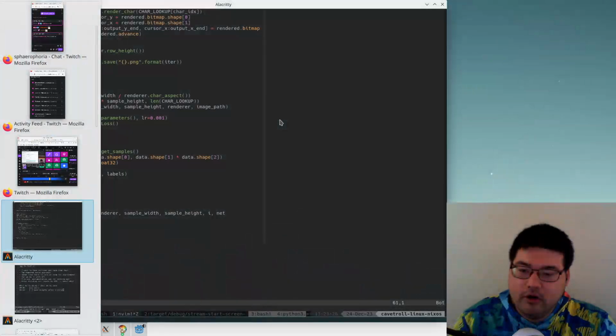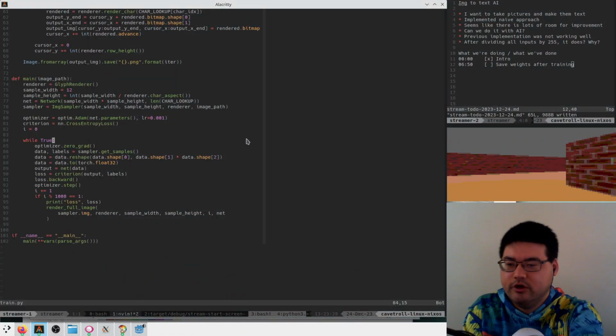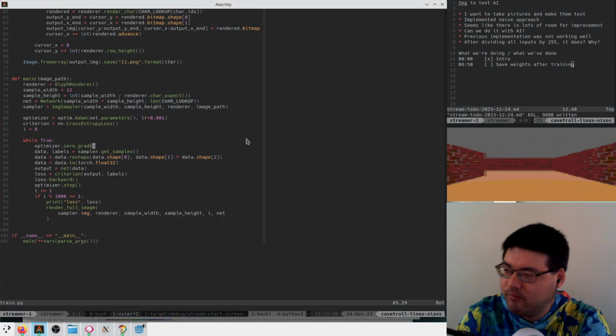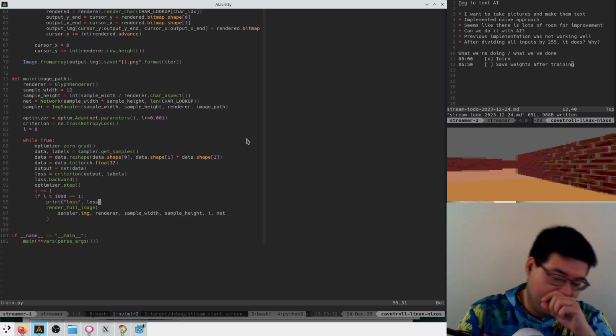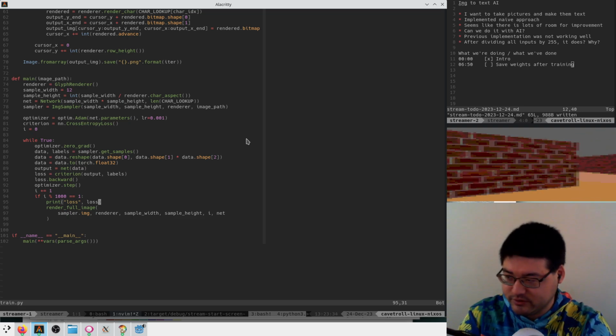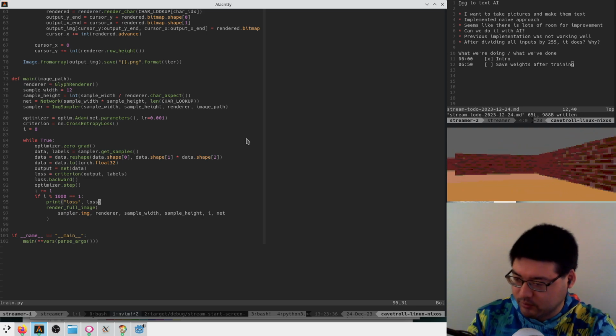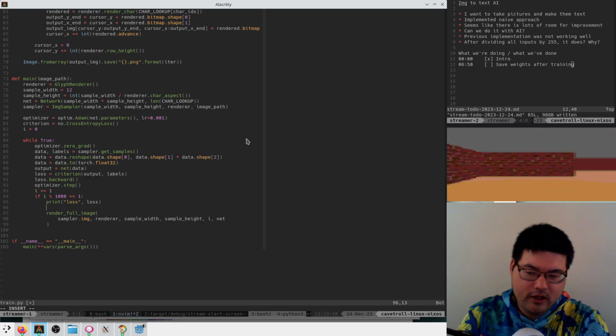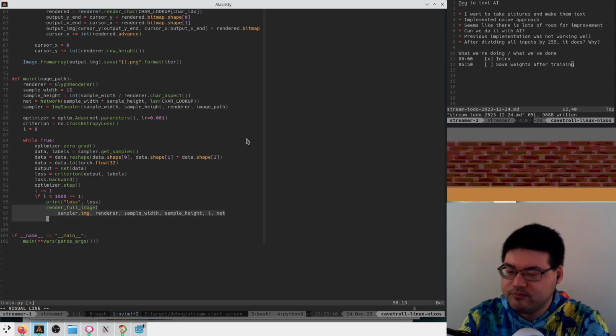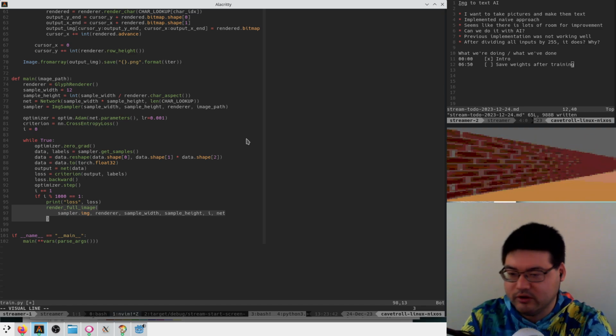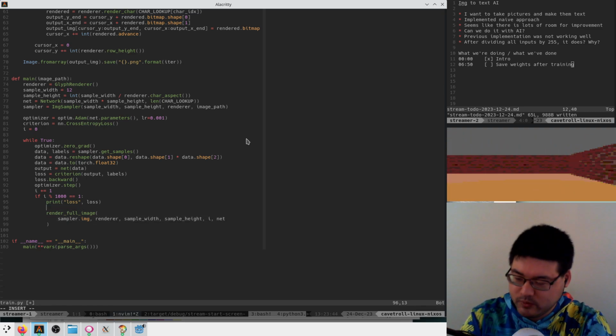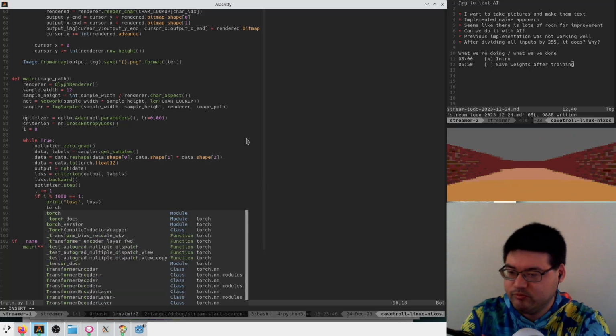Pretty straightforward. So I guess what we should do is, every time we write down a sample image, every 1,000 iterations, where the network's getting closer and closer to figuring out the right answer, theoretically, we dump the output just so that we can look at it later. And while we're here, we might as well save what we had.